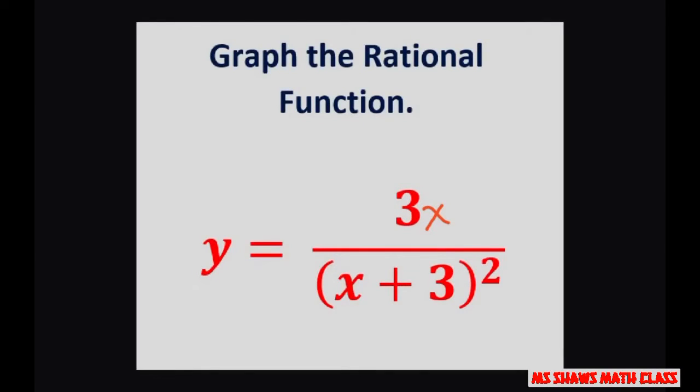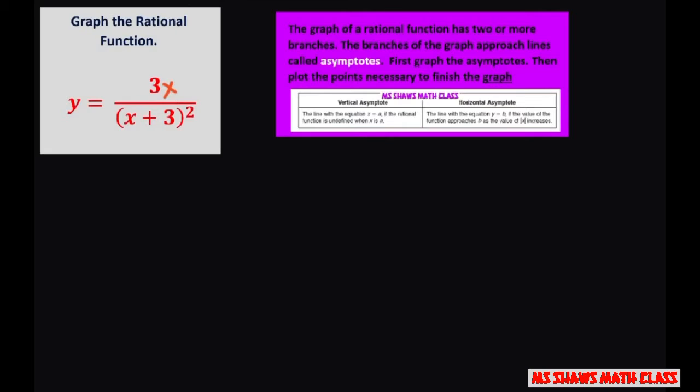Everyone, we're going to graph the rational function y equals 3x divided by (x plus 3) squared. This is an introductory video, and what we're going to do is look at the graph of a rational function as two or more branches, find the asymptotes, which are lines, and then graph based off that.